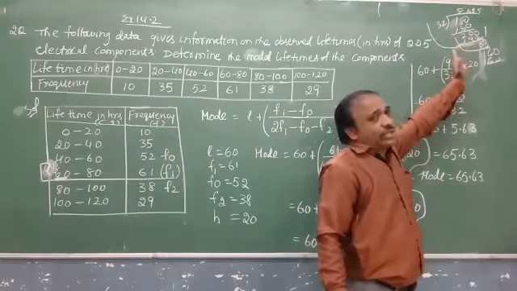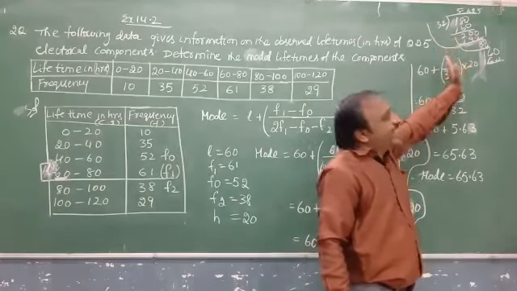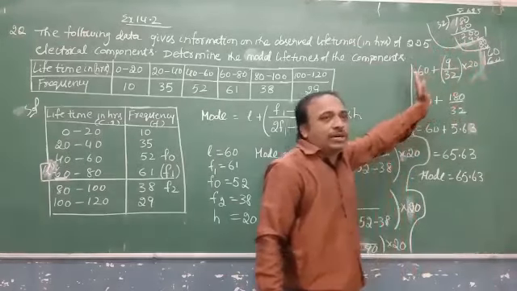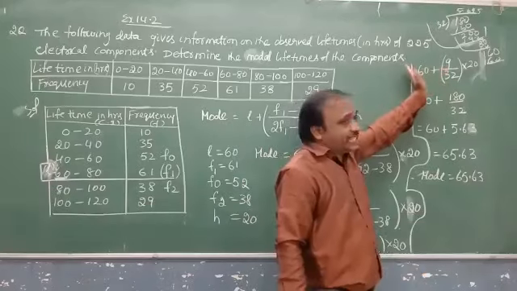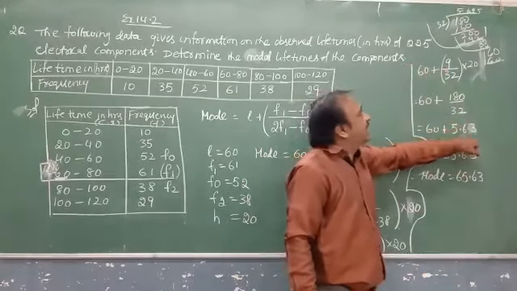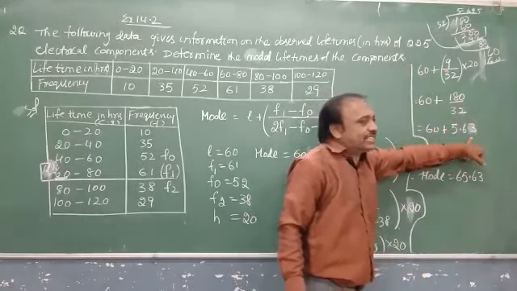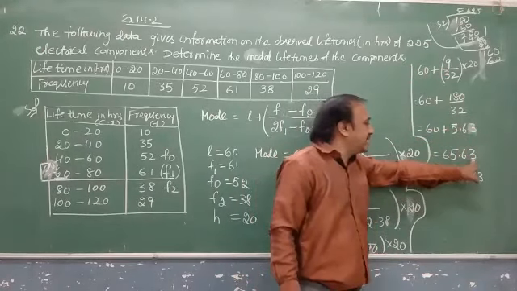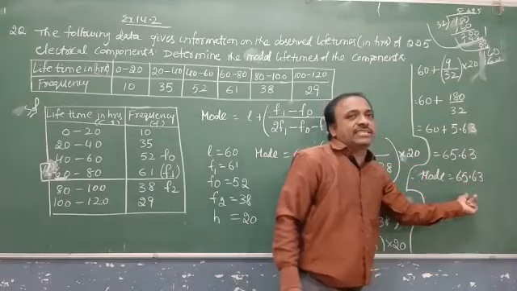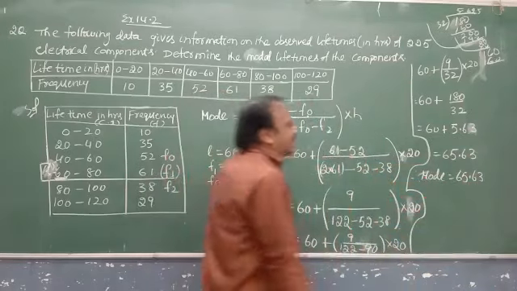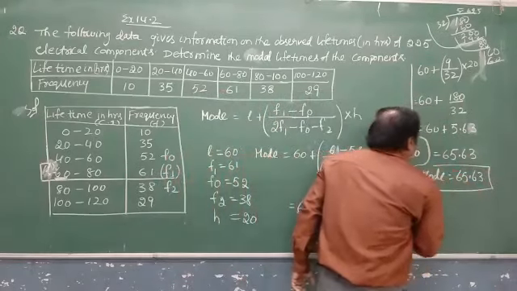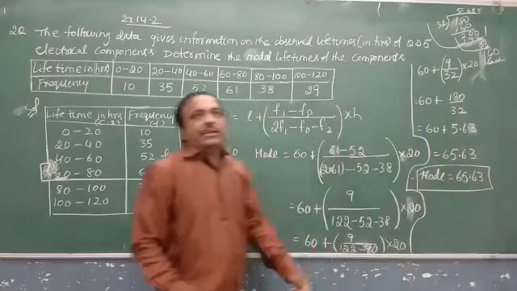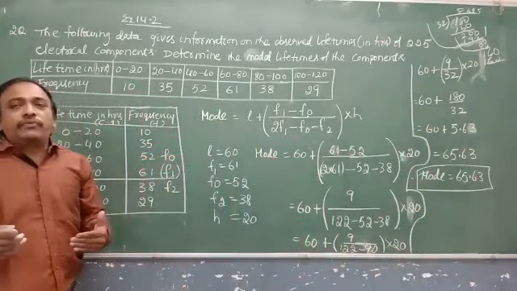If after the third decimal place you are getting 5 or more than 5, you can round off to the next value, that is 5.63. So 60 plus 5.63 is 65.63. Mode of the given data is 65.63. I hope you understood how to find out mode.